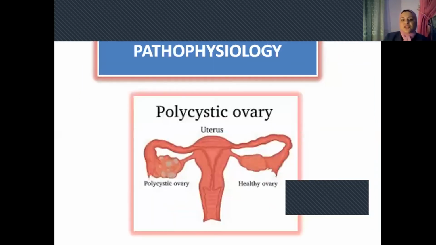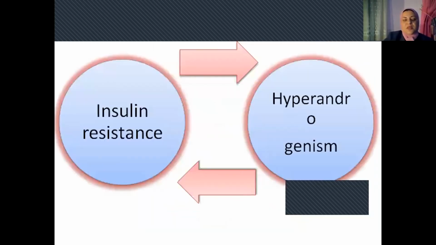The pathophysiology of the polycystic ovary: is it insulin resistance? Yes, insulin resistance causes hyperandrogenism, and then hyperandrogenism causes insulin resistance, and we enter a vicious circle causing both.